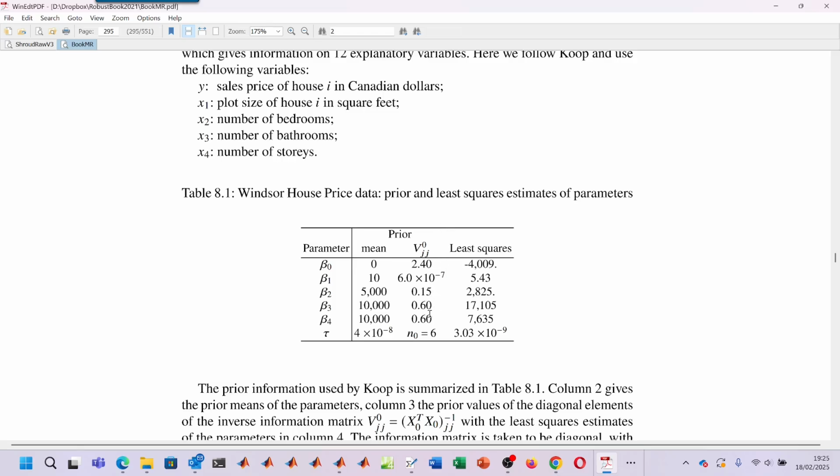The last column gives the corresponding elements from a least squares analysis. What we notice in particular is that there is not a strong agreement in the estimates between the fourth and second columns, but that the last entry in the third column shows that n0 was taken equal to 6, which is a very small number given a model with 5 linear parameters and needing to estimate sigma squared. So we can expect that the effect of the prior information may be rather slight.